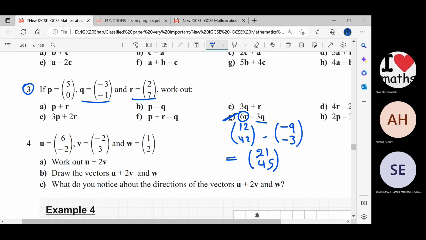Is it difficult? Now I want all of you to do an easy one, E. We need 3P plus 2R. Quickly, quickly. 3P plus 2R. Come on guys. Mohamed, do it by hand. Omar, 3P means what? 3 times 5, which is 15, and 0, plus 2R. What is 2R here? 4 and 14.